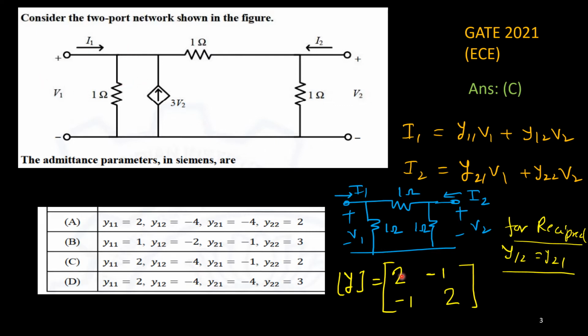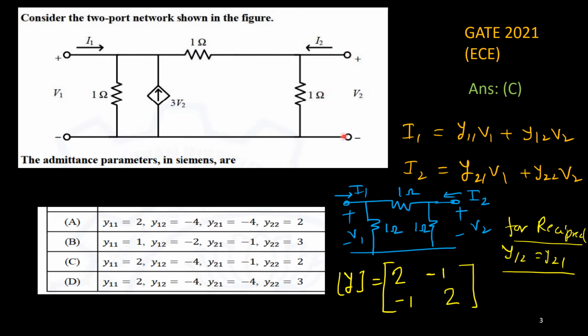So this is 2, 2, minus 1, fine. Now can you find the input admittance quickly? For the input admittance, V2 is shorted. If V2 is shorted, there's no effect of this 1 ohm resistance.